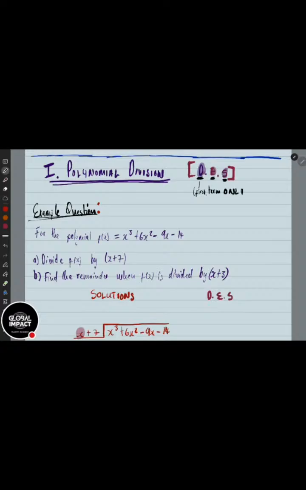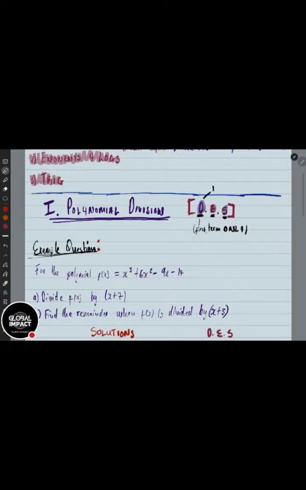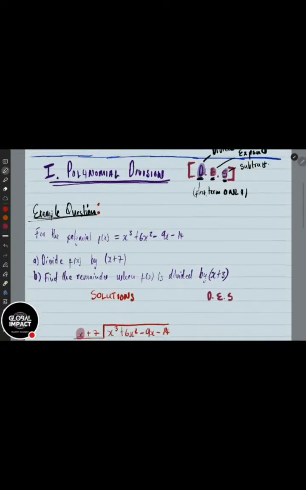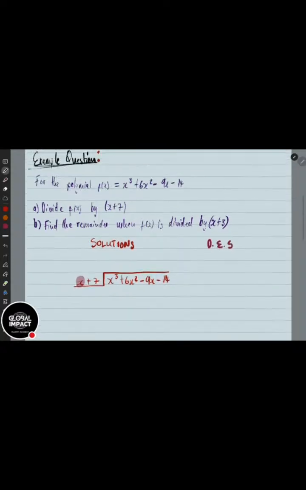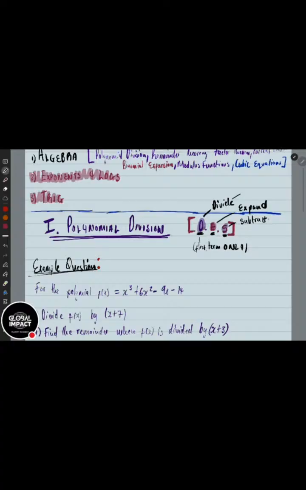This D is divide, this E is expand, this S is subtract. So divide, expand, subtract. Let's do the division. When you divide, it is term by term, on a term by term basis.